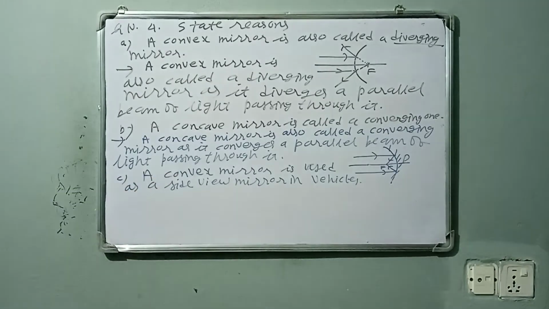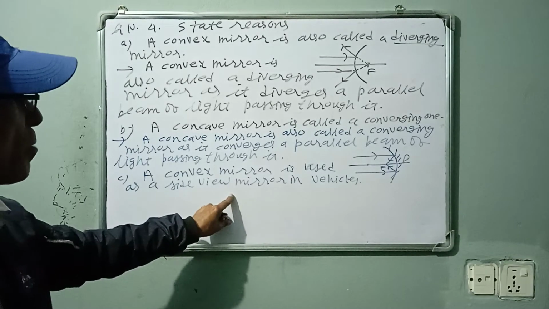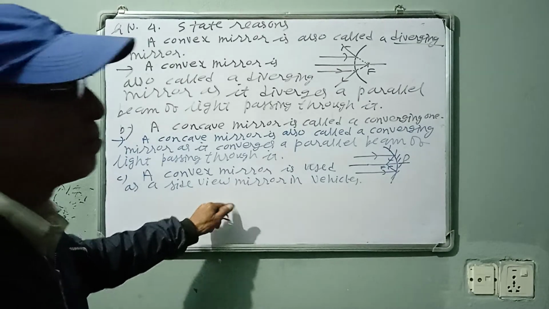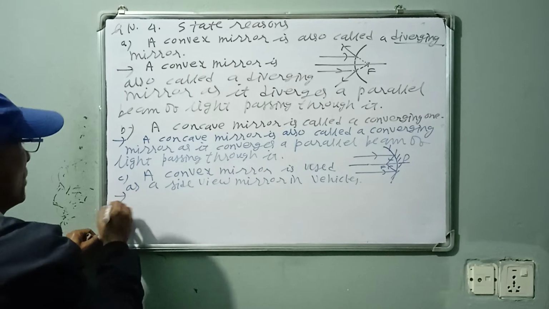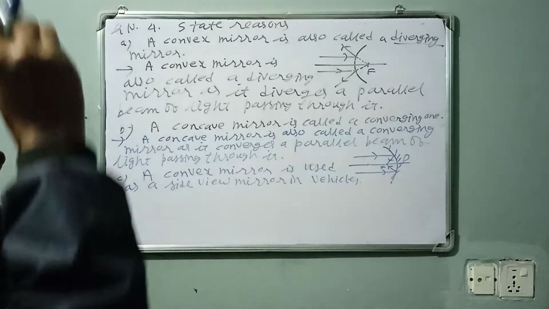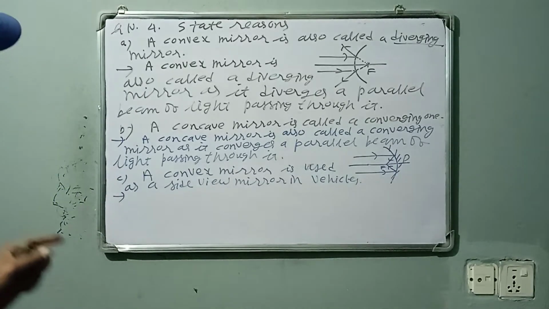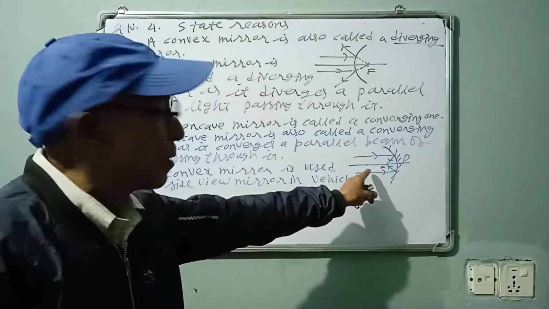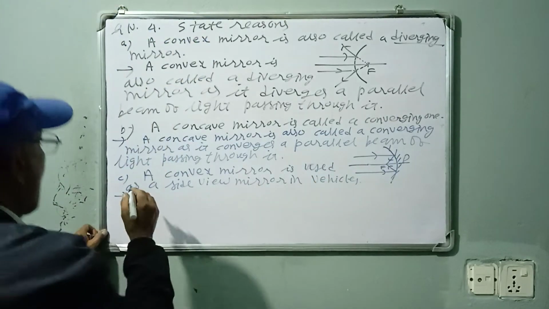In vehicles, a convex mirror is used on the left and right sides. Why? What is the reason behind it? There are two reasons. Number 1, to avoid accidents, and another reason, to see the objects coming from behind. Because a convex mirror always forms virtual and erect images.